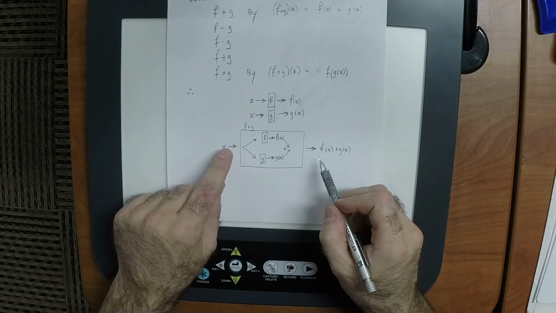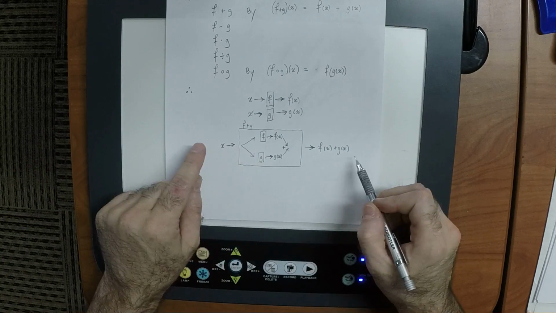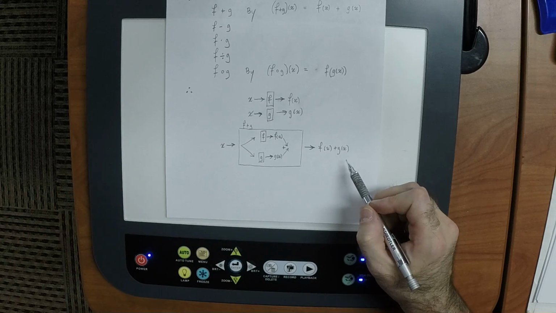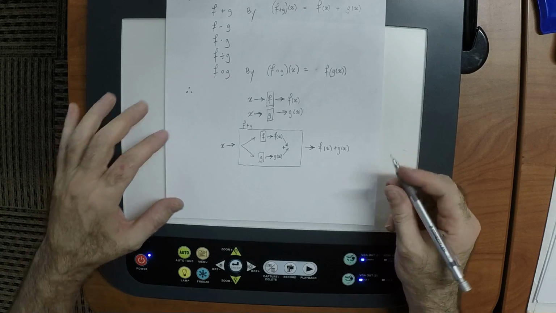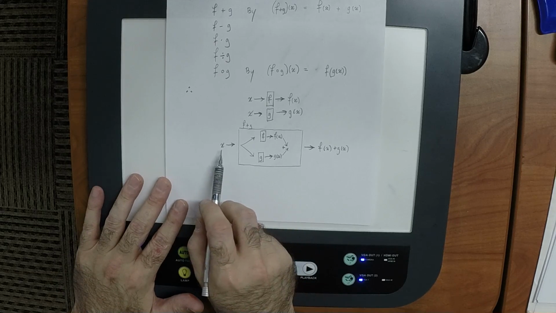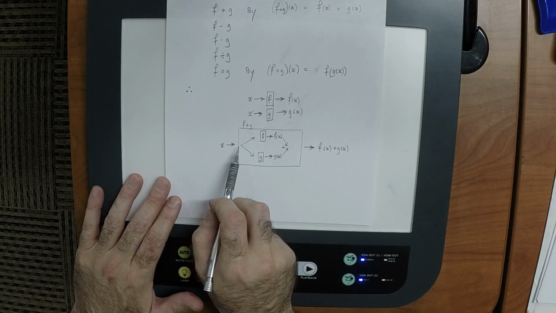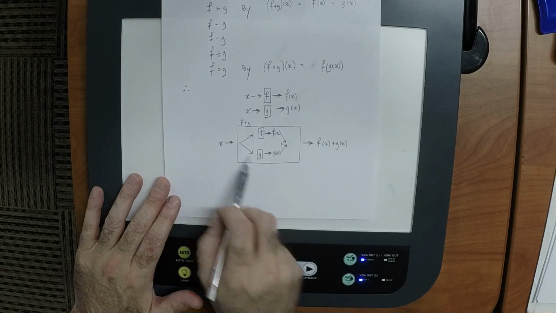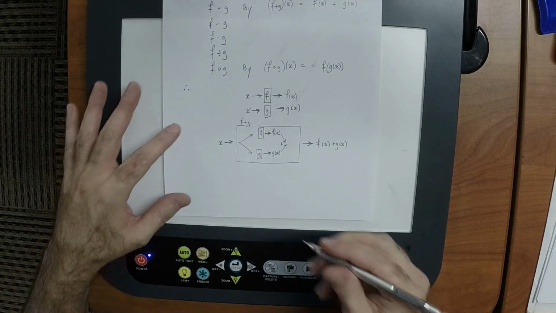And there's nothing sacred about plus. I could draw exactly this diagram with subtract, multiply, or divide. So, like an assembly line, here is a fork. There's a fork in the road, right? Things go different ways.